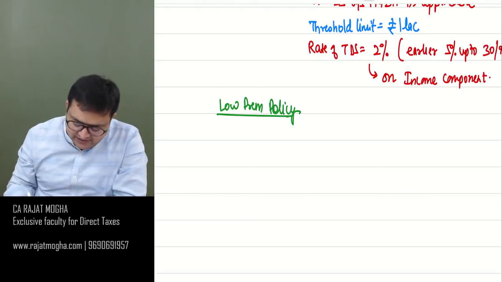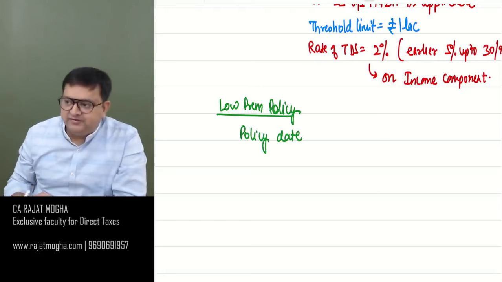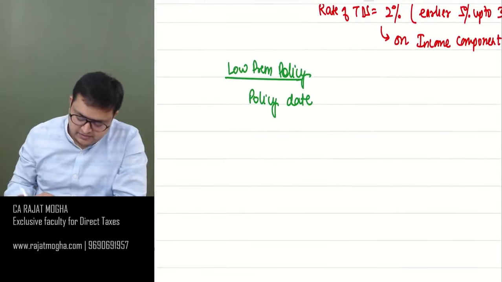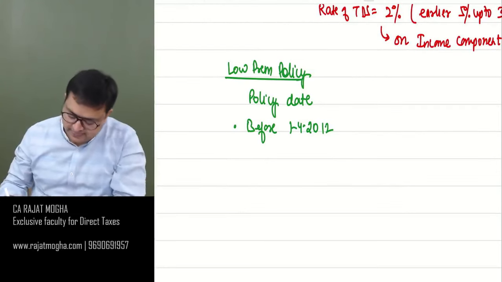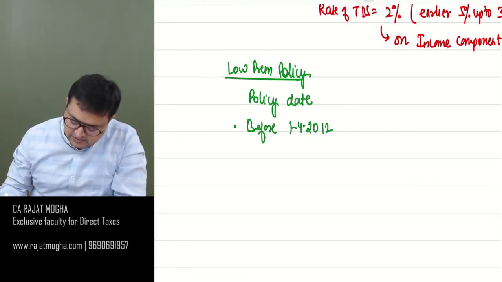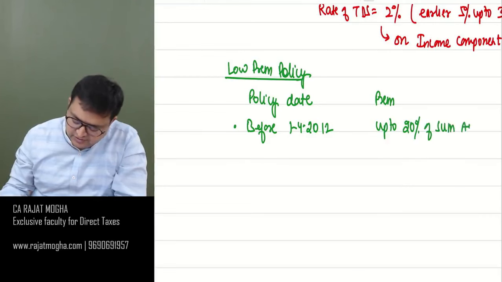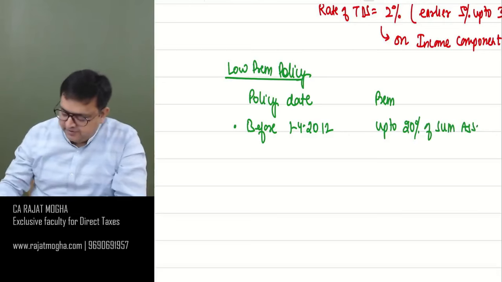If the policy date is before 1/4/2012 and the premium is up to 20% of sum assured, it's a low premium policy.